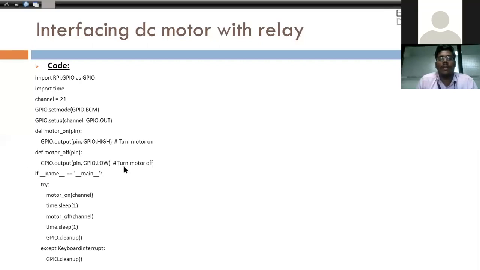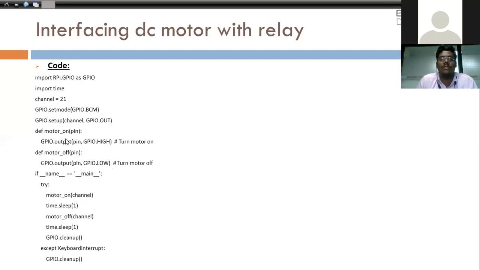So here I am writing a main function, and the main function gets executed first. Inside try, I am calling motor_on with channel, and channel here is 21, my pin number. I am writing two functions: def motor_on, where I pass the pin number, and another function, motor_off, with the pin.